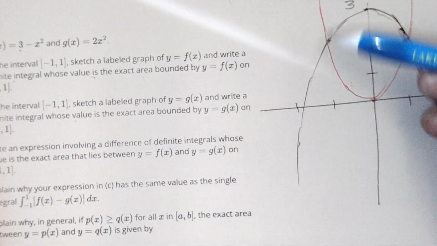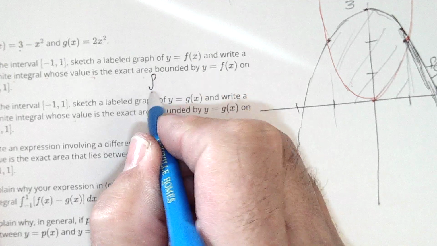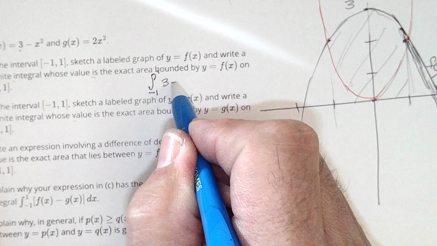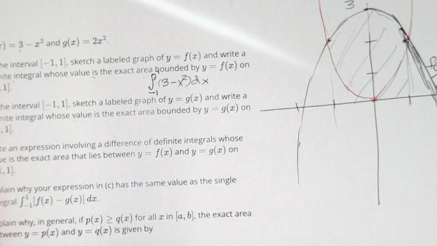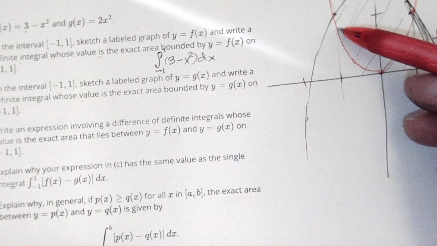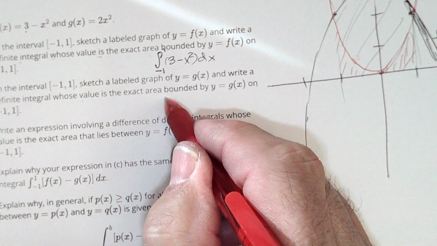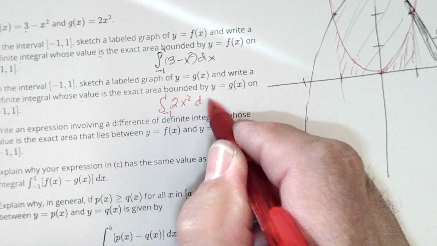So the area on here from minus 1 to 1, that would be this area, would be the integral from minus 1 to 1 of 3 minus x squared dx. And the area under the red one, which would be this area, would be the integral from minus 1 to 1 of 2x squared dx.